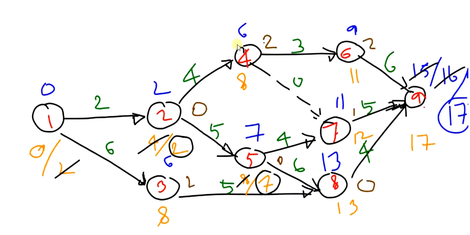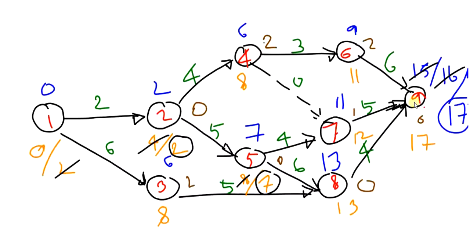Which are the events with 0 slack? 1, 2, then 5, 8, and 9. Here also 0 slack. So totally 1, 2, 5, 8, 9 are the events with a 0 slack. That means that path will form the critical path of this network diagram.